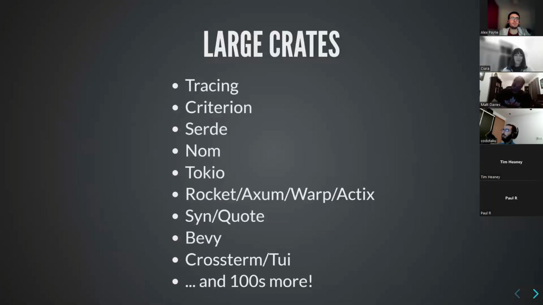Tokio is a full-blown async runtime for doing crazy things over multiple cores. Rocket, Axum, Warp, and Actix are all different web servers, all very powerful in their own way. Syn and Quote, two famous crates for implementing macros. We got Bevy. You can do so many talks on Bevy. Bevy is a full-blown game engine with an extremely powerful ECS system.